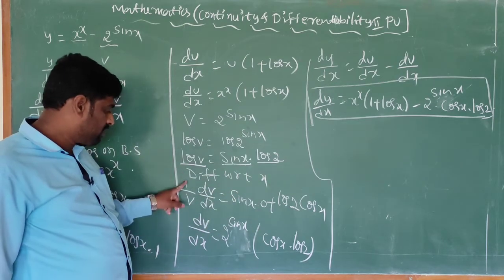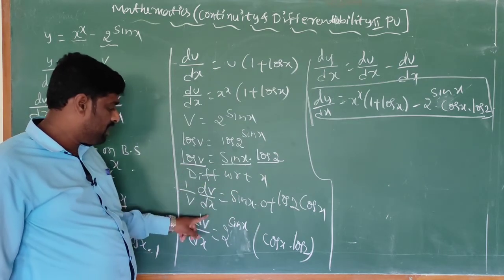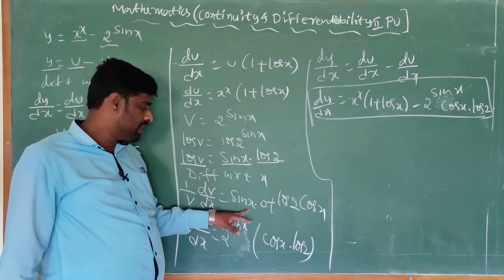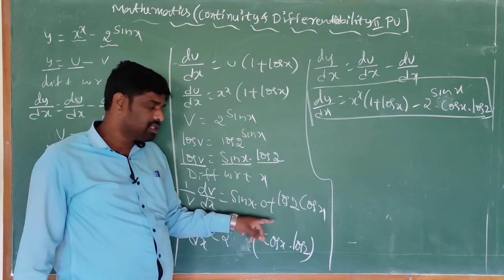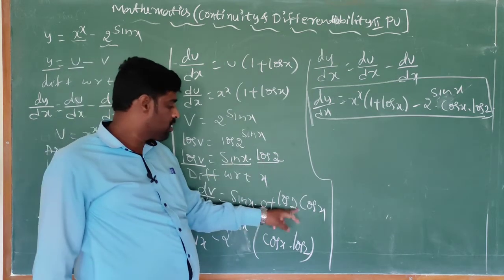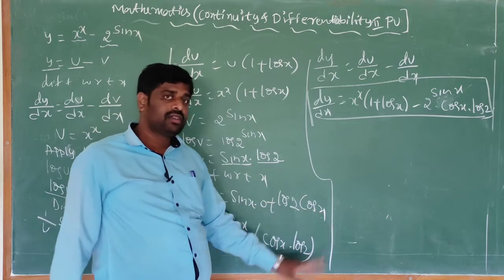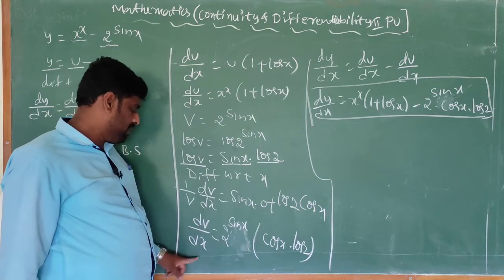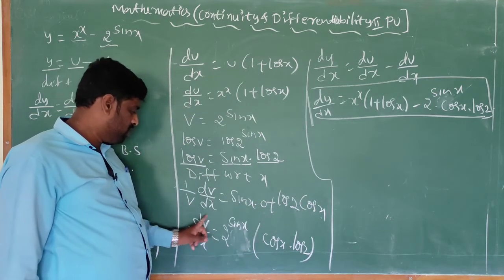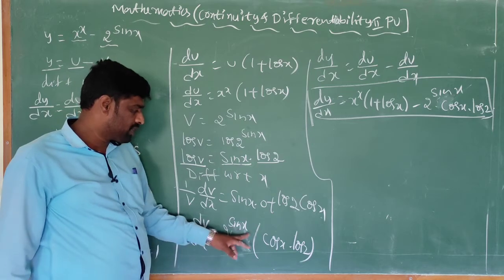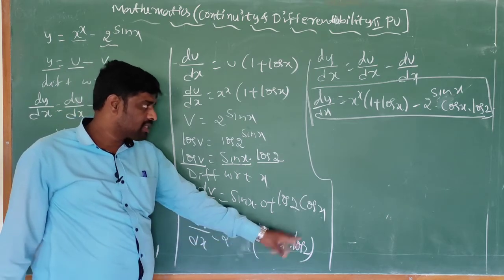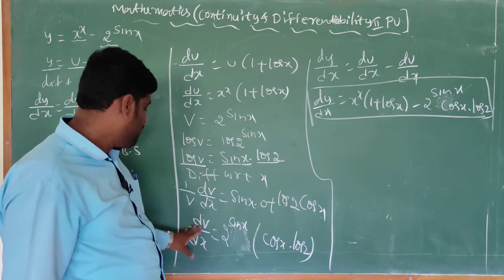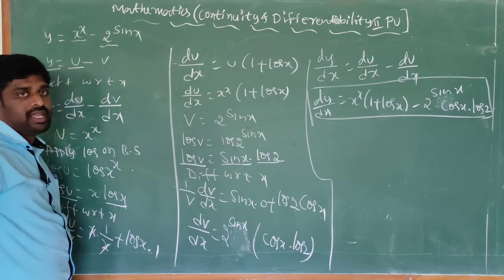Log v differentiation is 1 by v dv by dx, equal to sin x as it is, log 2 differentiation is 0, plus log 2 into sin x differentiation is cos x. So dv by dx equals v shifted to the RHS, 2 to the power of sin x into cos x log 2. This is dv by dx and du by dx.